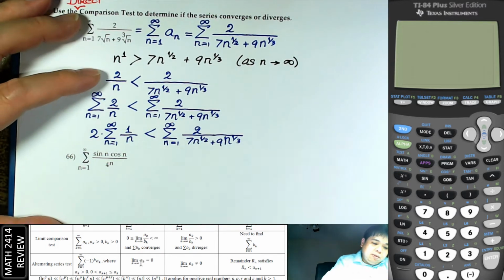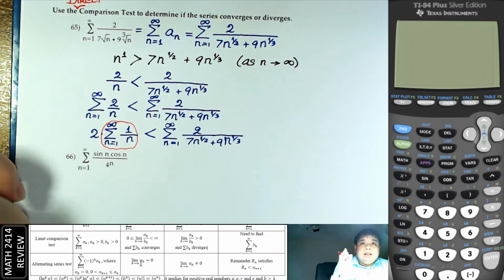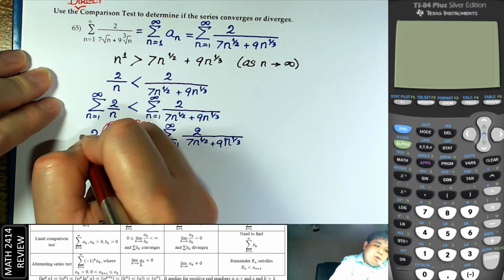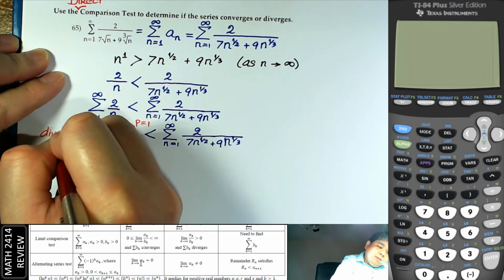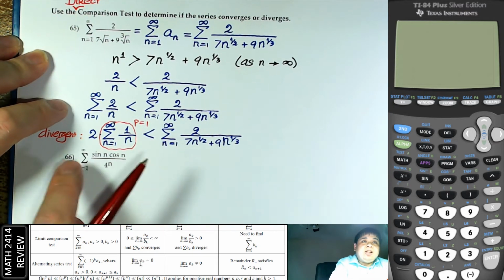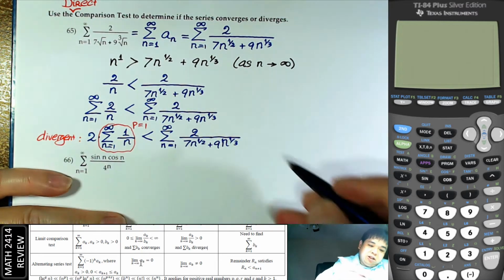Now, once again, this one is divergent. P-series, p equal to 1. So times 2 is divergent. By the direct comparison test, anything greater than divergent is going to be divergent. So the series diverges.